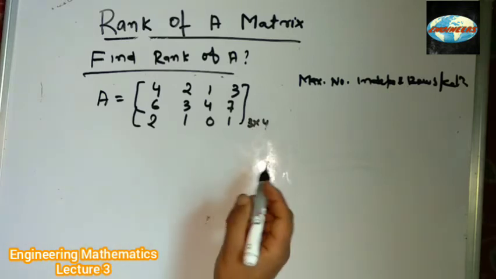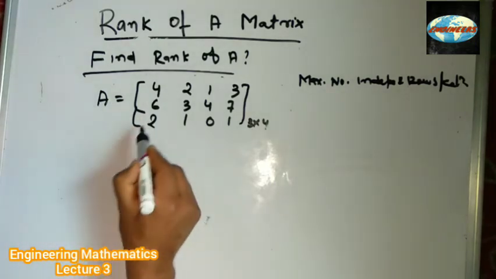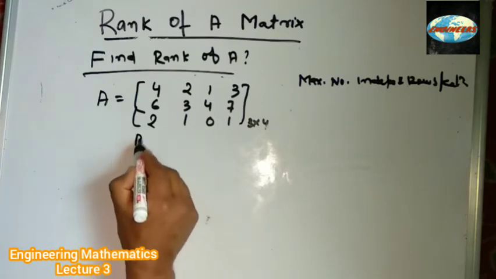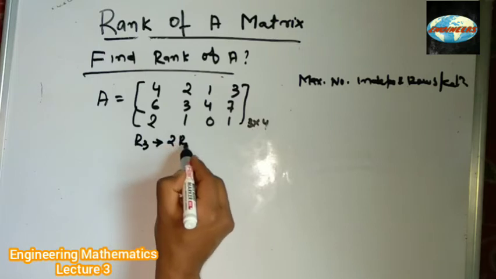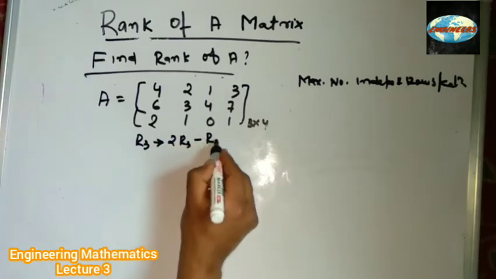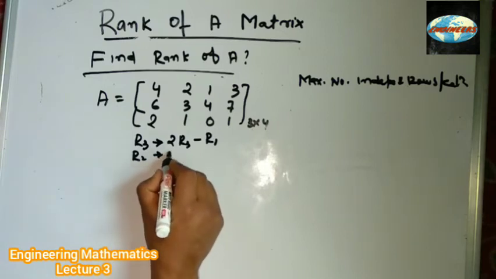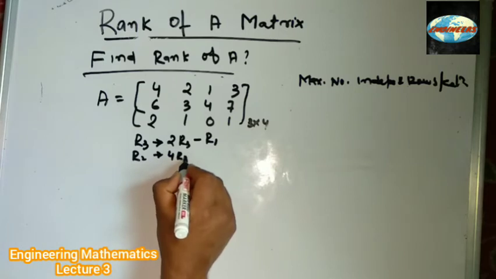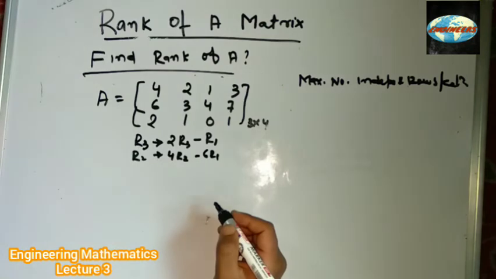To get echelon form, we make these elements 0 by applying R3 gives 2 times R3 minus R1, and R2 gives 4 times R2 minus 6 times R1.